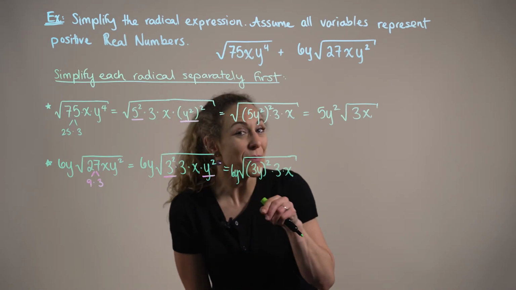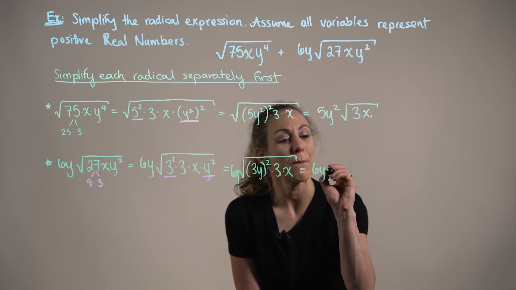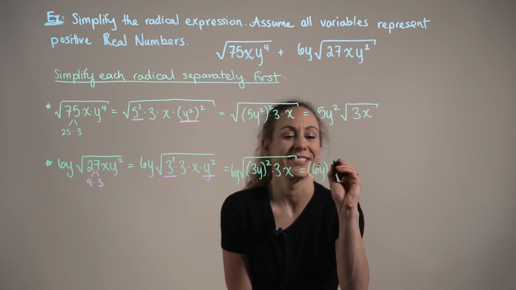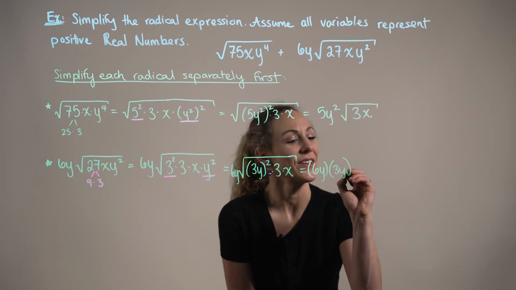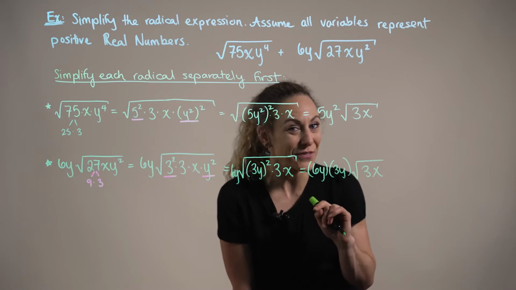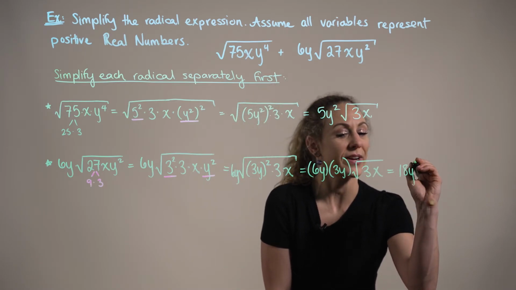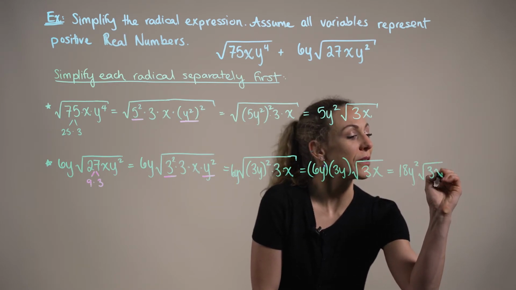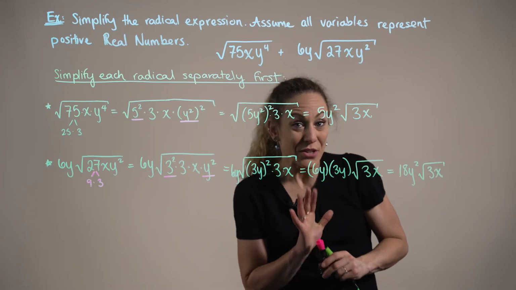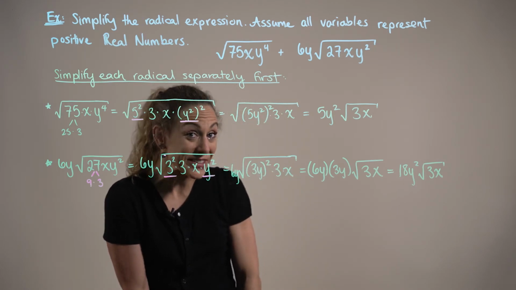So we can simplify the square root in that perfect square so that we have 6y multiplied by 3y all times the square root of 3x. And taking the product of the two terms in the front, we are left here with 18y squared times the square root of 3x.